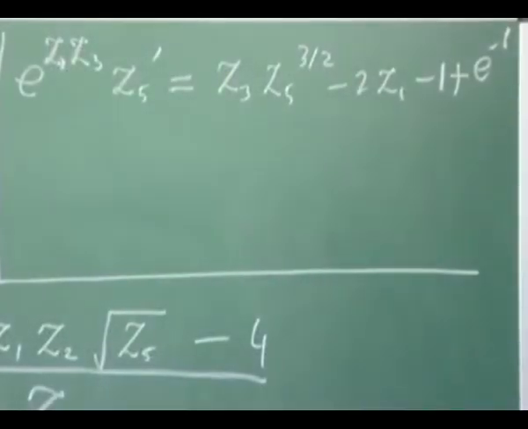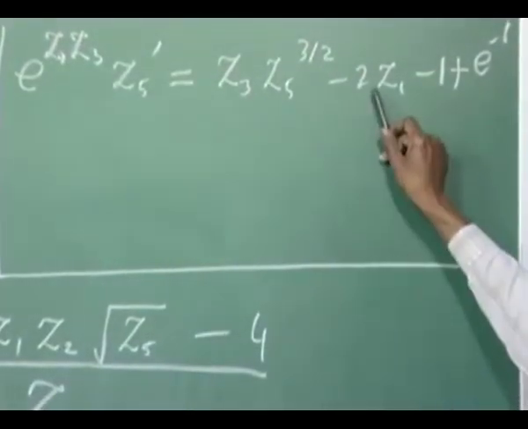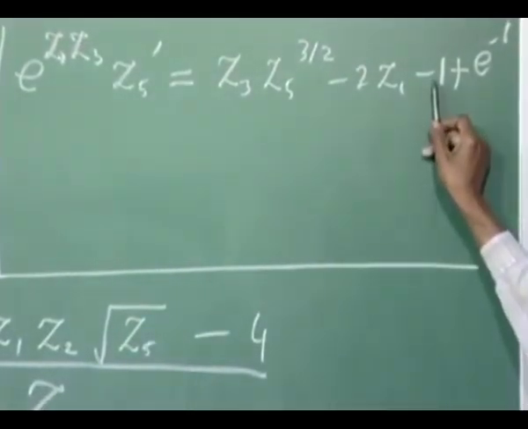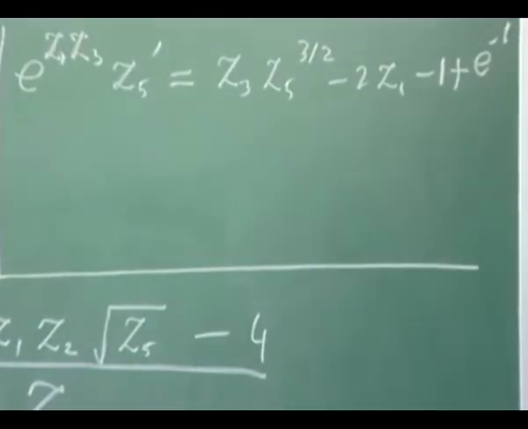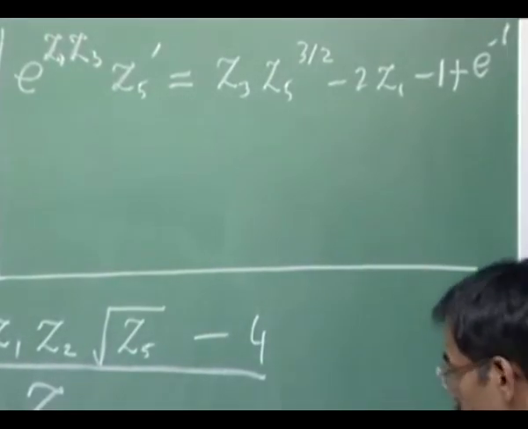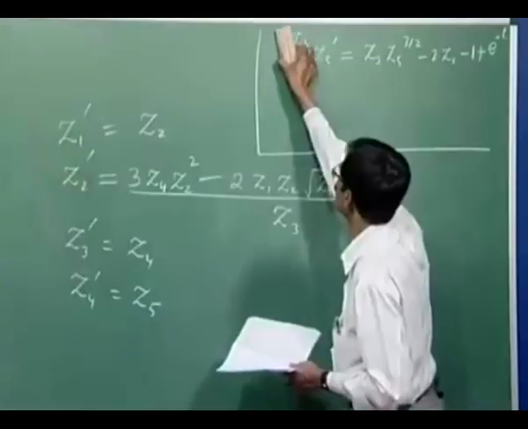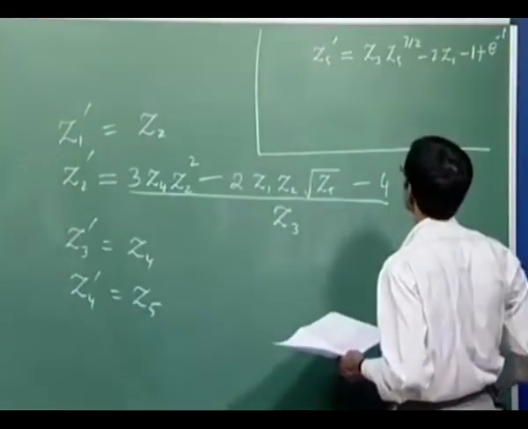This also goes to the other side, minus 2x minus 1, that is minus 2 z1 minus 1, plus e to the power minus t. So, that is here. So, that means that we can solve for z5 prime as this.